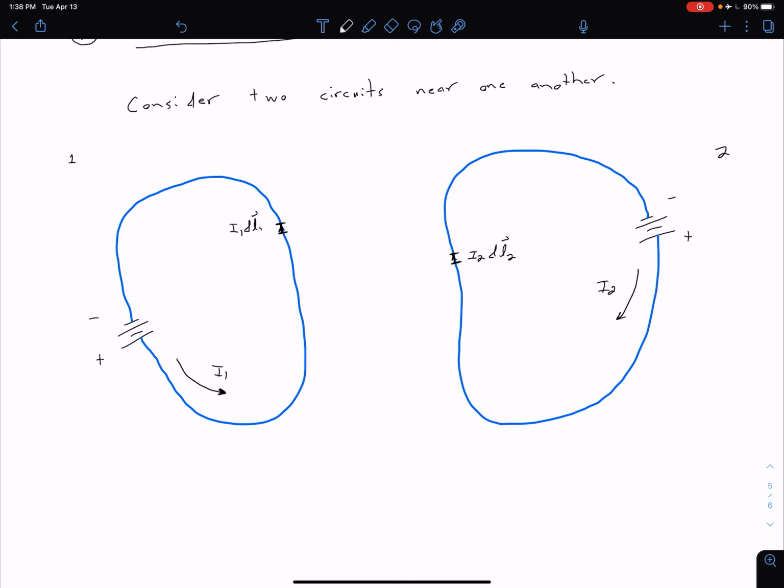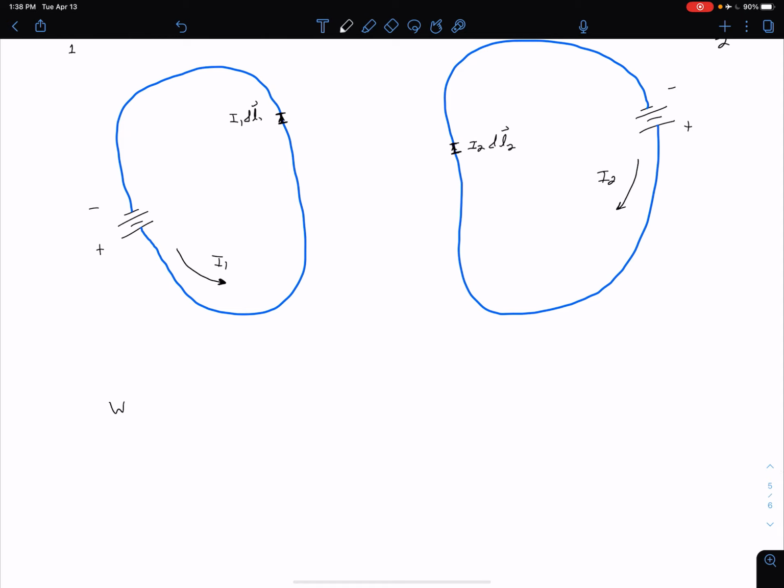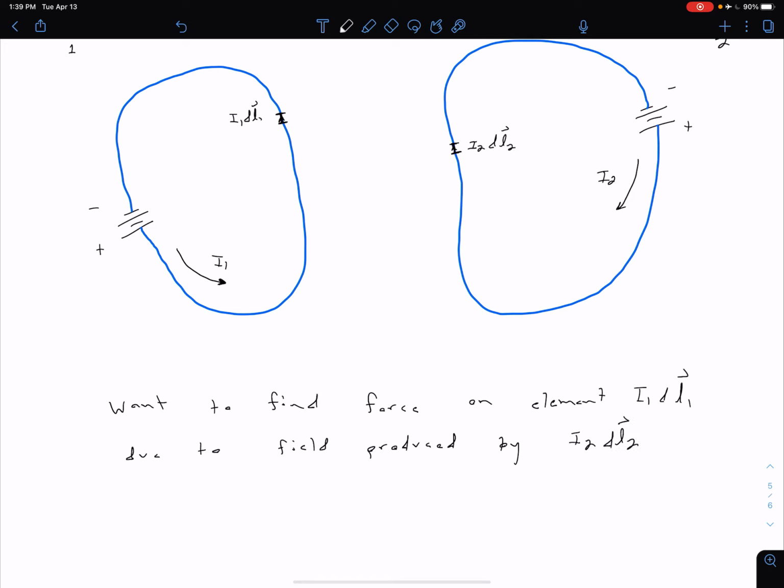Let's start by saying what we want to find. Let's say, just arbitrarily, we want to find the force on our left circuit, and in particular, that differential current element. So we want to find the force on our element I1 dL1, due to the field produced by our I2 dL2.